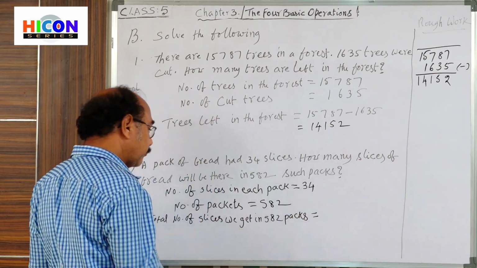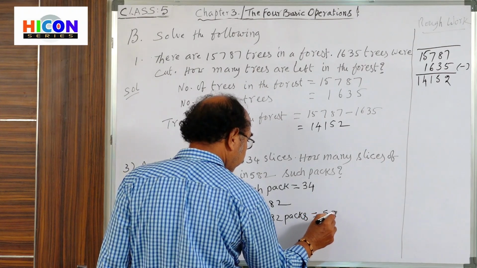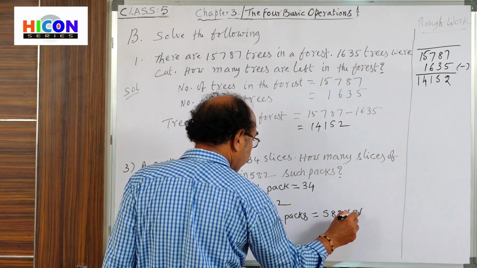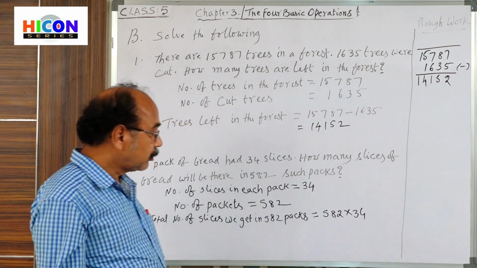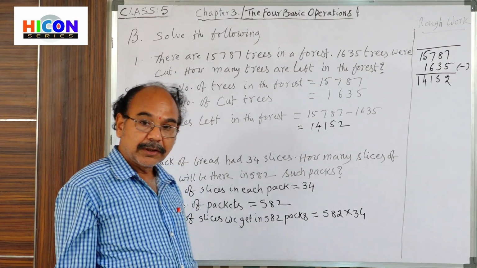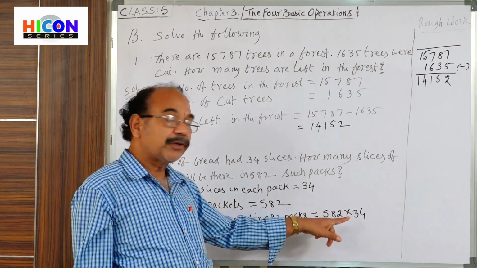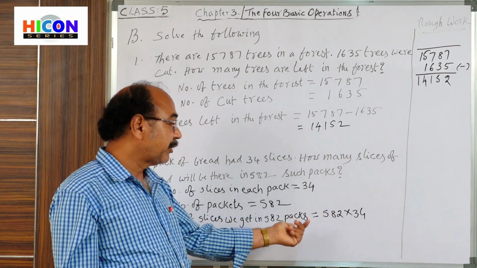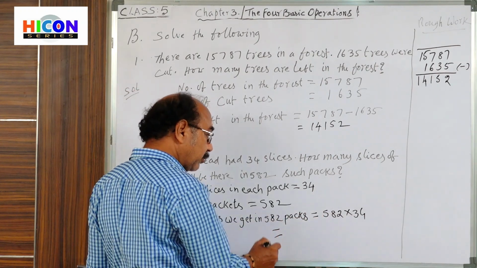So, multiply 582 into 34. And you can observe that in doing multiplication, in any order we can multiply the two numbers. 582 into 34 is same as 34 into 582. So multiply 582 into 34.